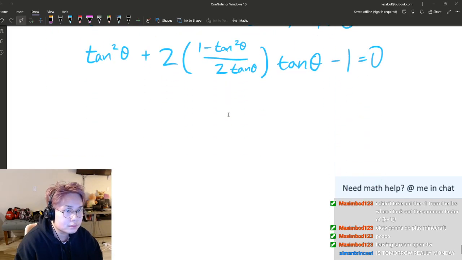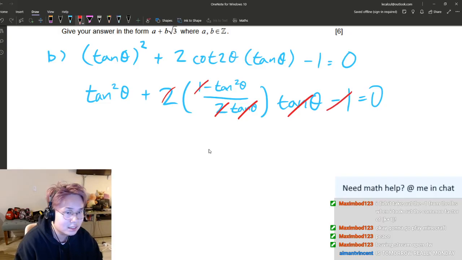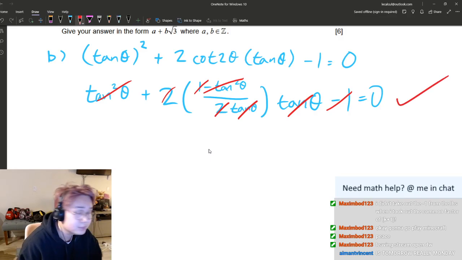Nice. So you can see this 2 will cancel with that 2, this 10 cancels out with that 10, and then we have a 1 with a -1, we have a -tan squared with a tan squared, so nice, works out.